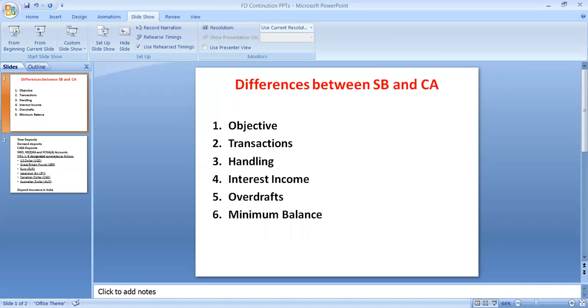On the other hand, the basic objective of current account is basically a transactional account which is preferred by the business people, businessmen, traders, merchants. The basic objective of the current account is to provide a flexible payment method to the business people and to the business entities.